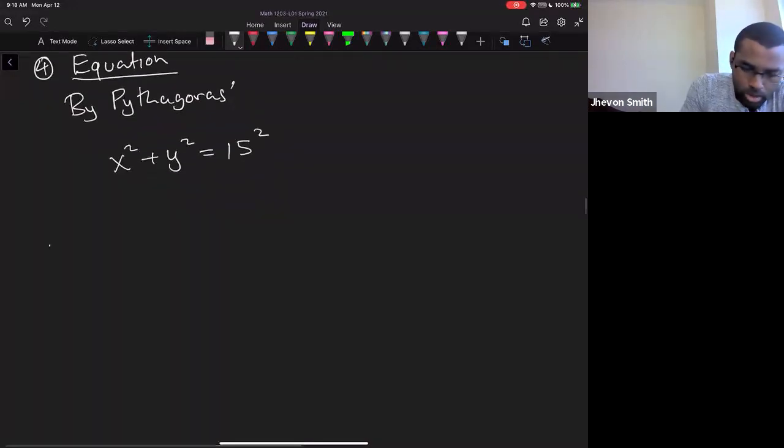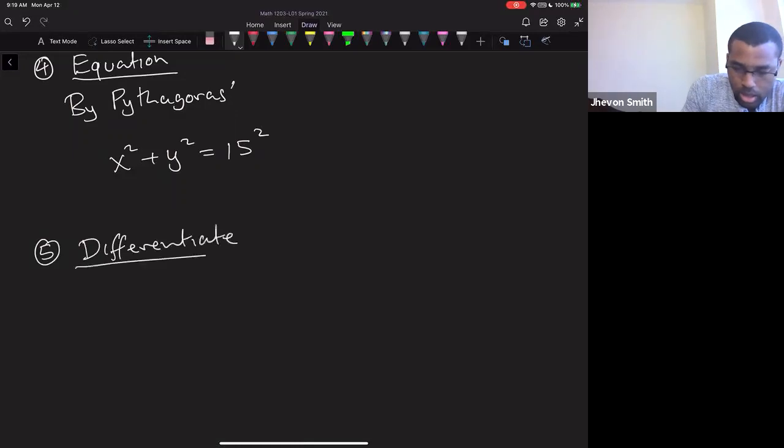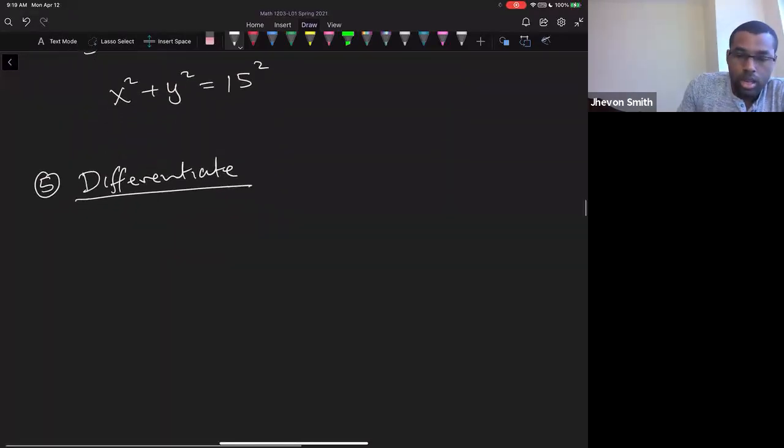All right, moving right along. Step 5, we're going to differentiate implicitly. What would the derivative look like? Quickly.